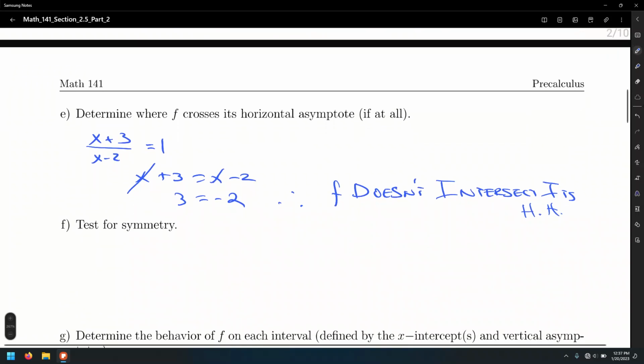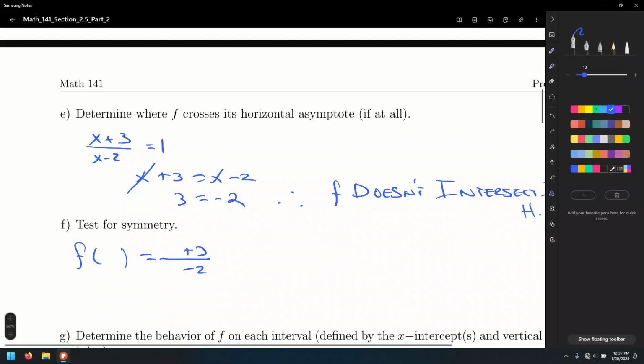What about symmetry? Do we have symmetry? Let's see. So let's evaluate f of negative x. Let me change x for negative x, and negative x. Well, in this case, this is kind of weird because we got neither f of x nor negative f of x.